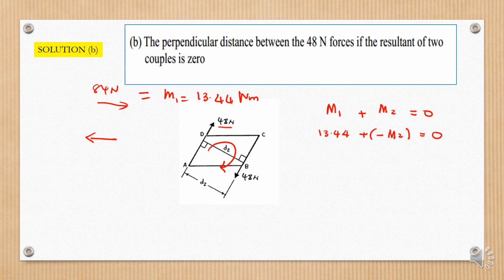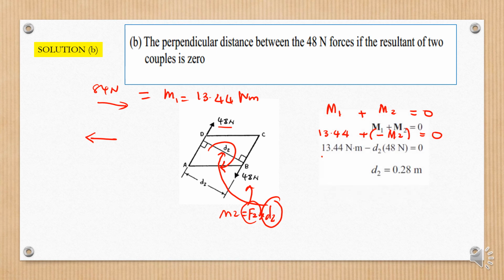Since M2 is F2 times d2, d2 is the perpendicular distance that we want to determine here, and F2 is 48 Newton. Just substitute into the equation, and you will get that d2 is equal to 0.28 meter.